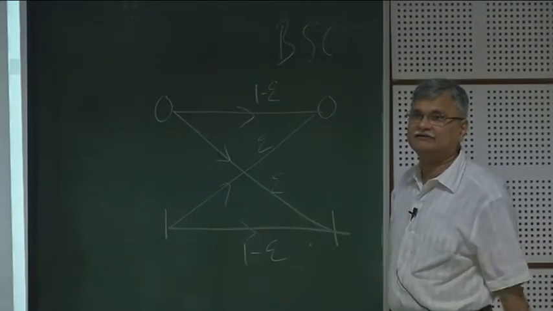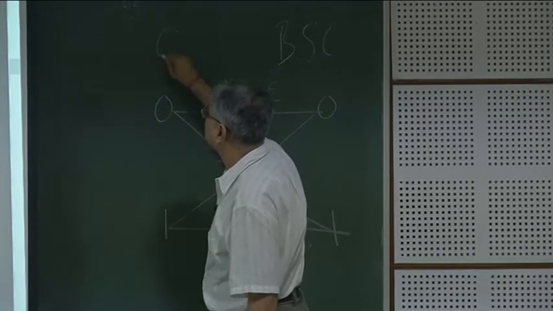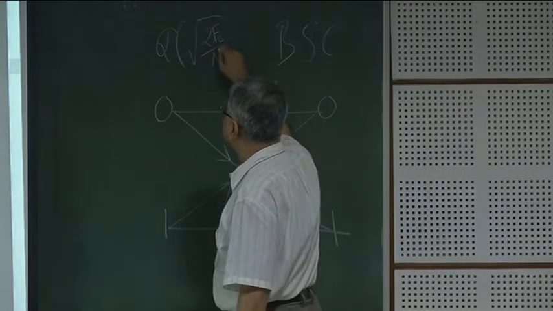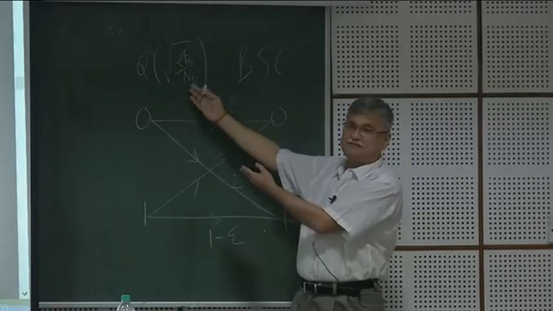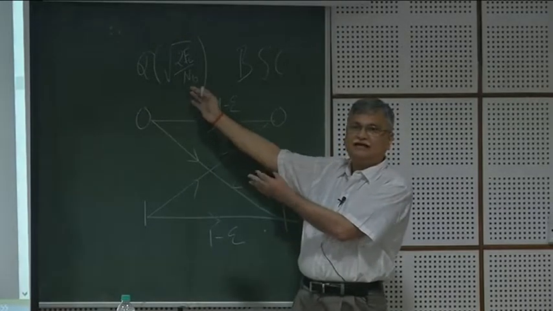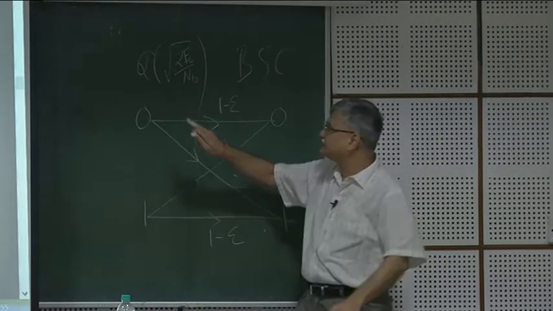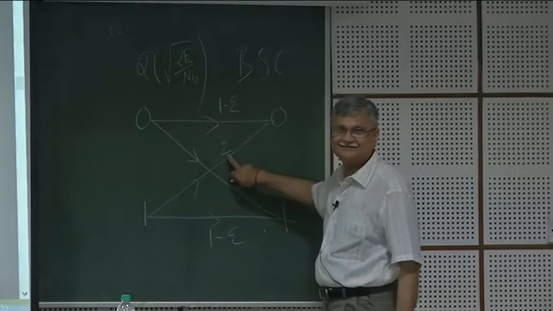Now I tell you that I have an AWGN channel, and you know the probability of error of the AWGN channel: some Q function, suppose BPSK is used. All of you know this expression, yes or no? At least those who come from a communication background. What is this? This is just this epsilon.